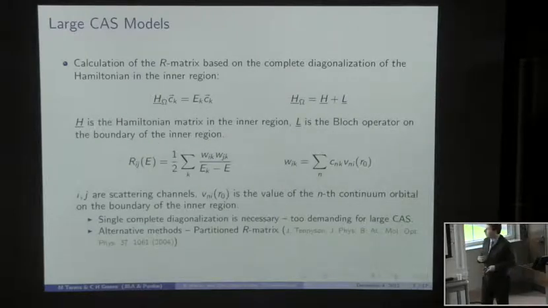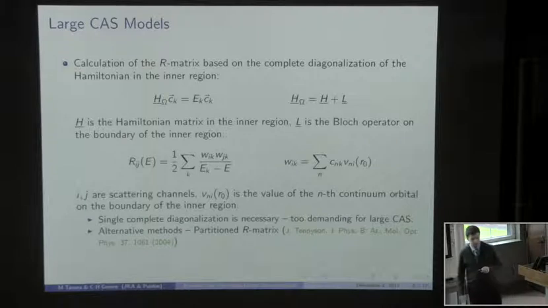The other idea I would like to discuss a bit is the treatment of large complete active space models. Because in addition to the choice of the orbitals, of course, the aim is to deal with larger and larger correlation models and CI spaces.